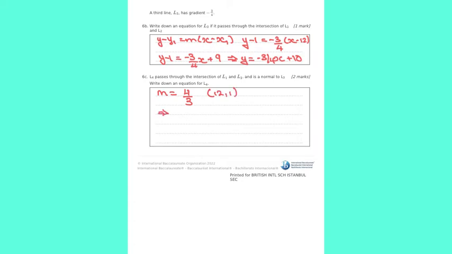So therefore, we get y minus 1 equals 4 over 3 (x minus 12). So therefore, we get y minus 1 is equal to 4 over 3 x minus 16. Therefore, we get y is equal to 4 over 3 x minus 15.